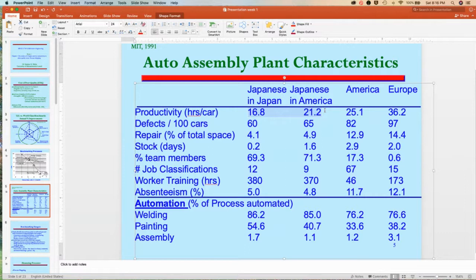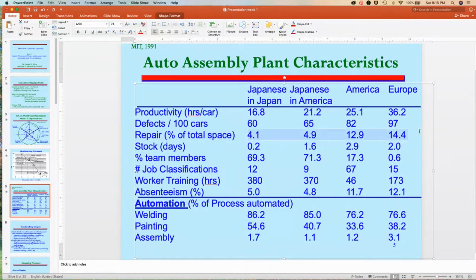In a phone, it's less than 1%. So nobody really cares if you spend a few minutes extra on it. But look at the defects, okay? Indeed, you can transfer quality from one factory to another. I'll talk about that next week, when we talk about the quality loss function.